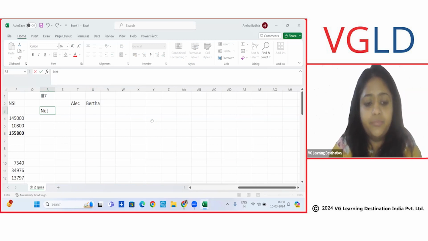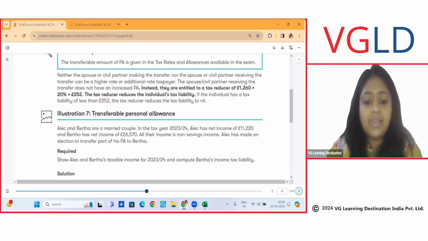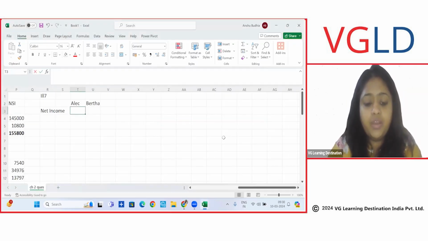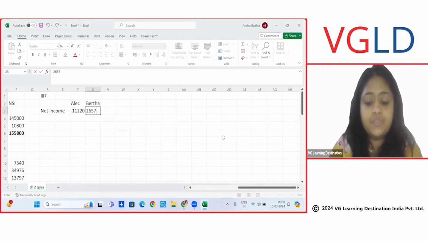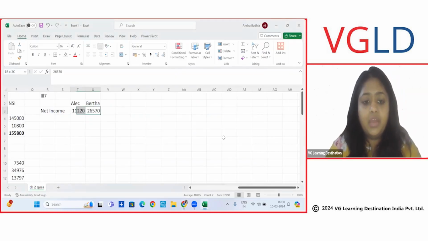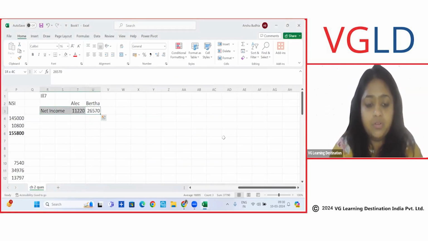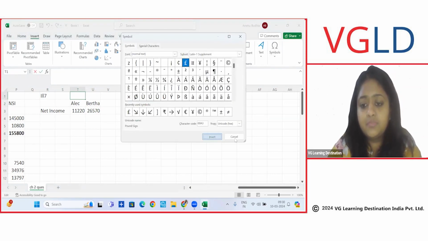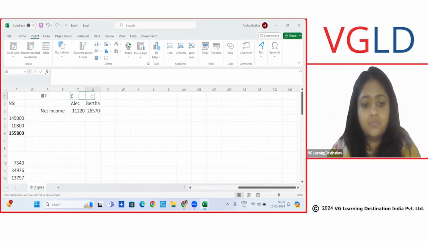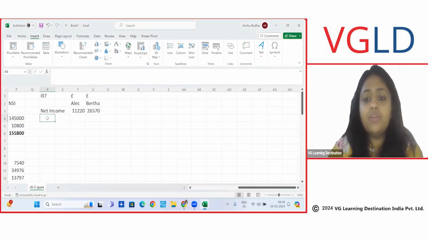I'll write here net income. For Alec, the net income is 11,220. For Bertha, it is 26,570. Ideally, I should insert the pound symbol also. I'll insert it here. We have got the net income.